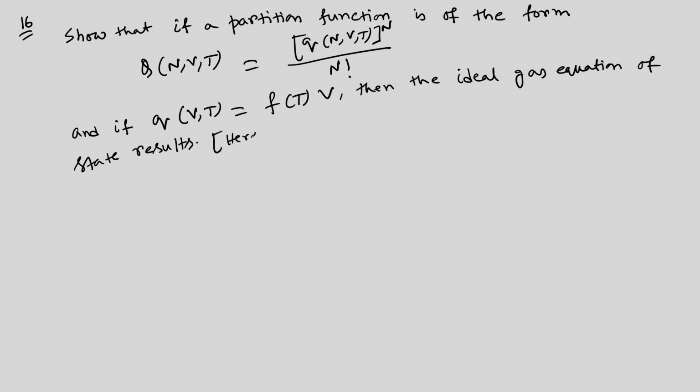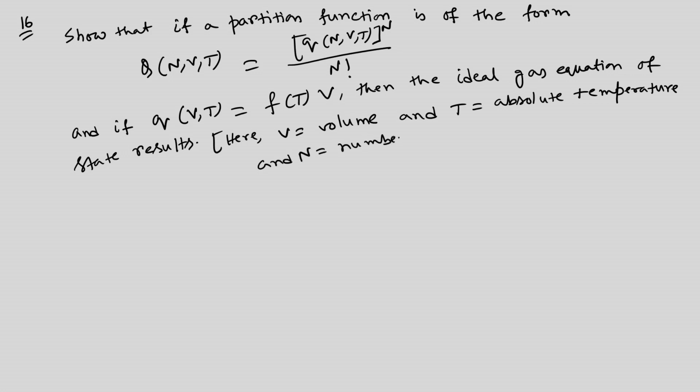Here V is volume, T is absolute temperature, and N is the number of particles.